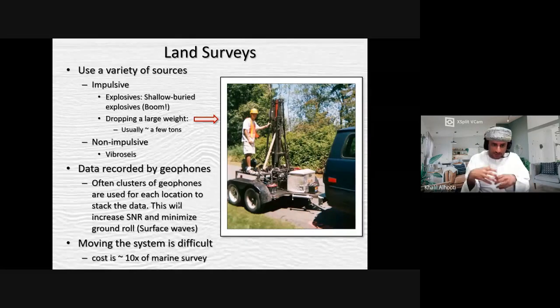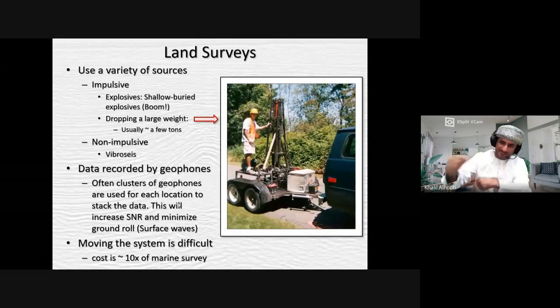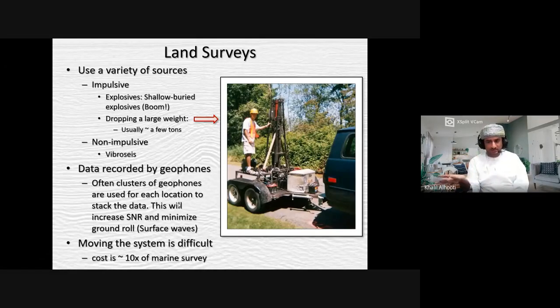It's like the way it moves, it's rolling along the surface. So that's in oil industry, they name it ground roll. The people who are doing processing for seismic data from oil industry name it ground roll. Other seismologists who are interested in earthquake data name it surface waves. But they are the same actually.